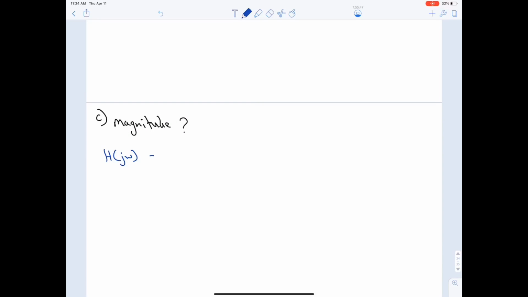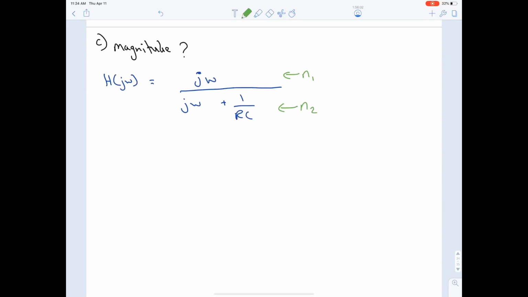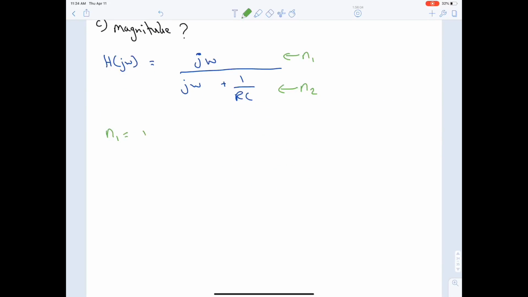It has to be in the form of jw, so it will be jw over jw plus 1 over rc. The numerator is n1 and denominator is n2. n1 is jw, n2 is equal to jw plus 1 over rc.